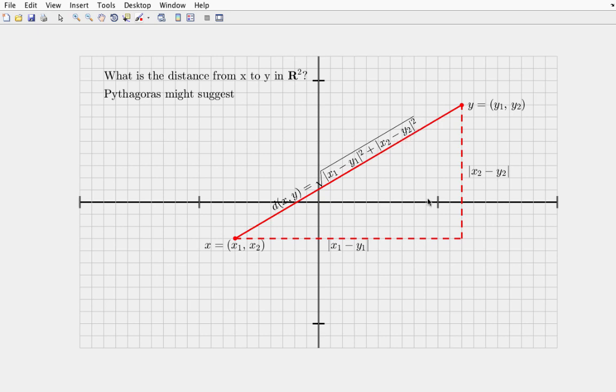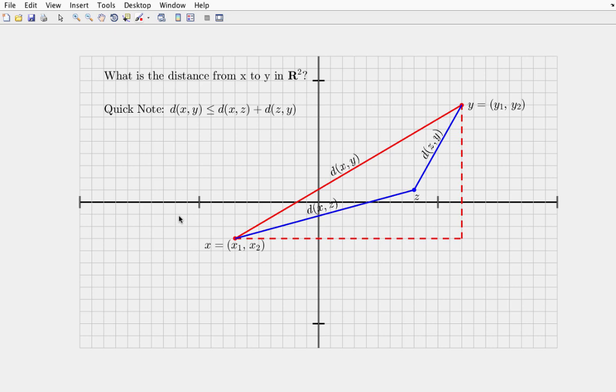Well, you'd be right if these were real vectors, which our setting is. Of course, if we were to extend into vectors with complex entries, then these absolute value signs would be necessary. So we have one suggestion for measuring distance. We can even generalize it to n dimensions.